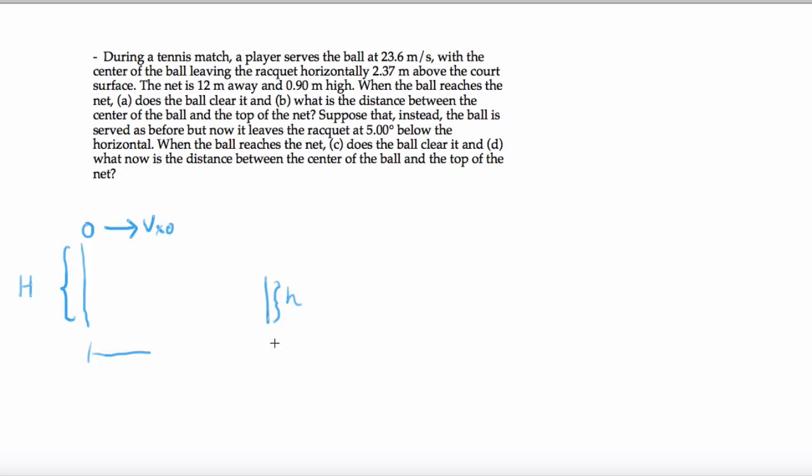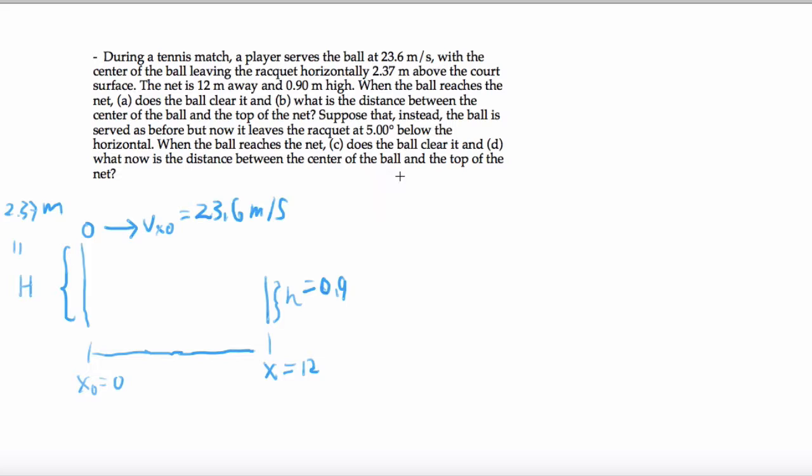It's got a position x here, and we'll say x naught is 0. We'll say x is 12. The height here is 0.9. This is 23.6 meters per second. And this height here is 2.37 meters. So we want to know if the ball will clear the net.